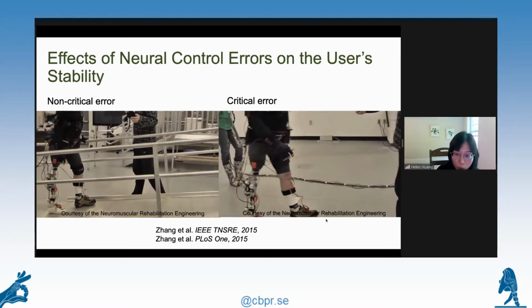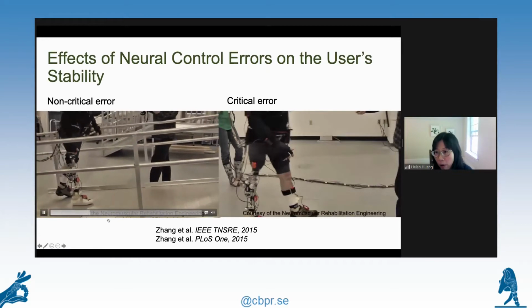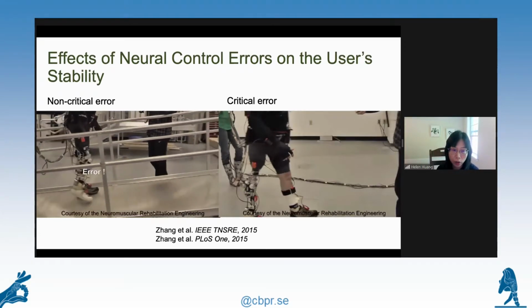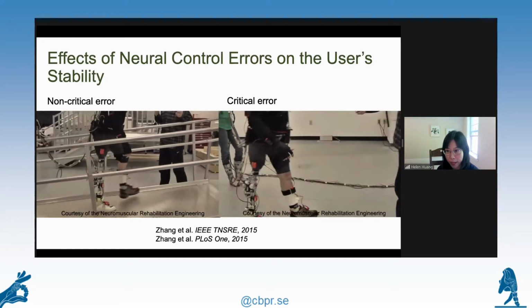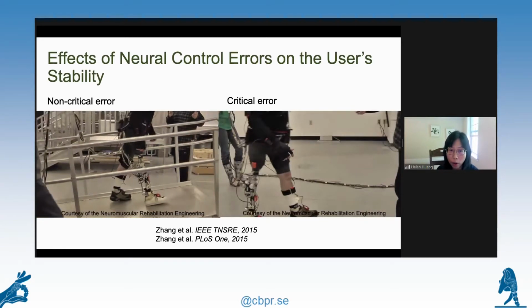So what we realized is that some of the control errors, even if you inject them into the device, you won't be able to see anything, and the user doesn't feel anything go wrong. So not all errors will disrupt the user's stability.